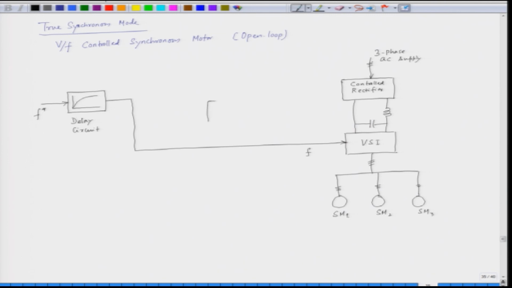So, here is the frequency and then as before we have a V by f function generator, which generates this function. This is our frequency here, and the output of this gives the reference voltage. V star is the reference voltage, and then we have the triggering circuit.